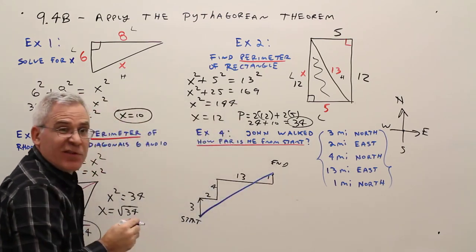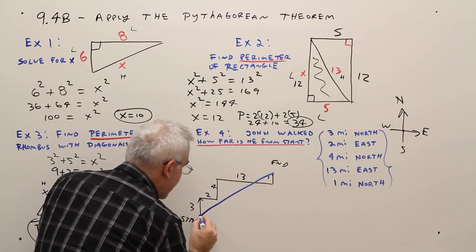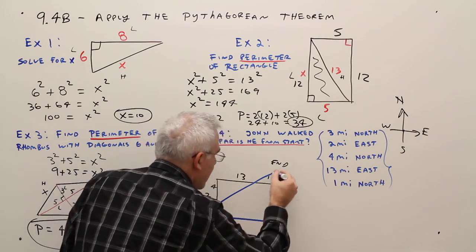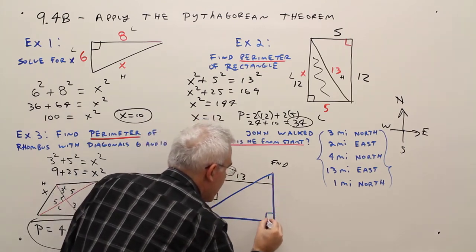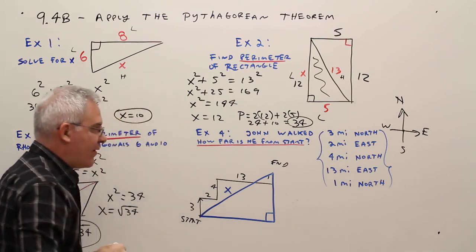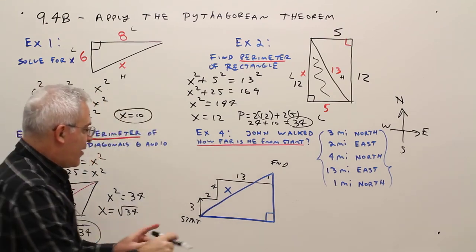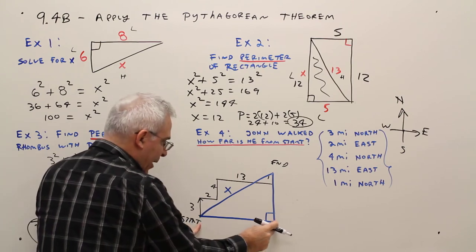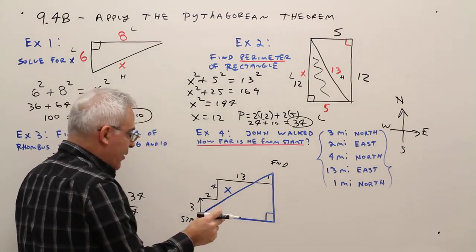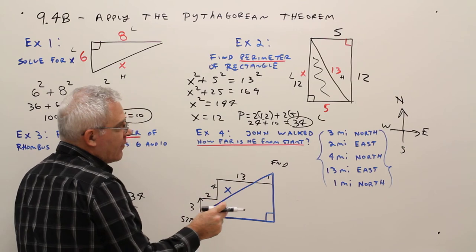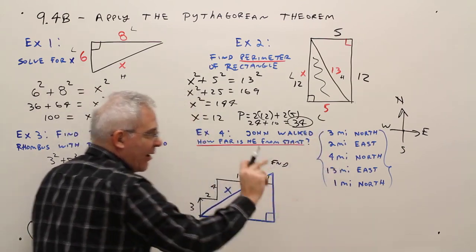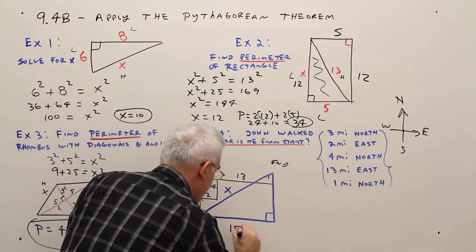And what I'm going to do is construct a right triangle. And I want to find that distance x. All right, well, I know that this length here is the same as the eastern components, okay? So 2 miles and 13 miles east, that's really 15.